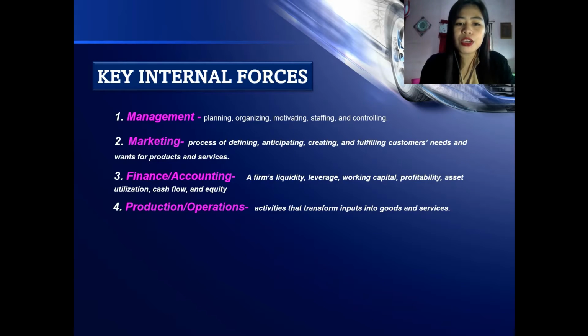Next, we have production and operation. Basically, these are all the activities that transform inputs into goods and services. Questions you can ask in assessing production or operations are: are the supplies of raw material reliable and reasonable? Are inventory control and facilities control policies effective?